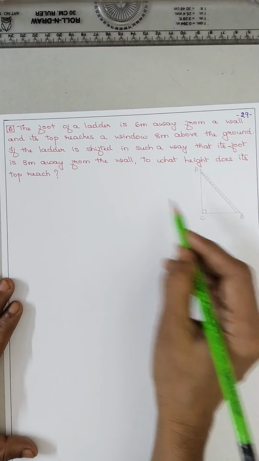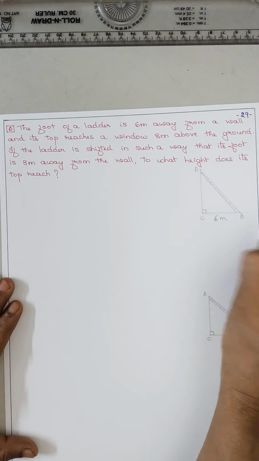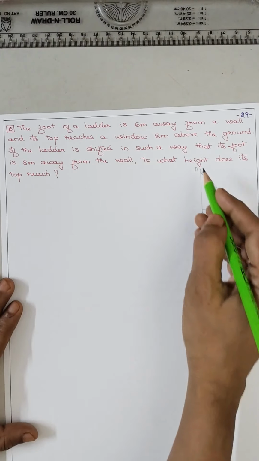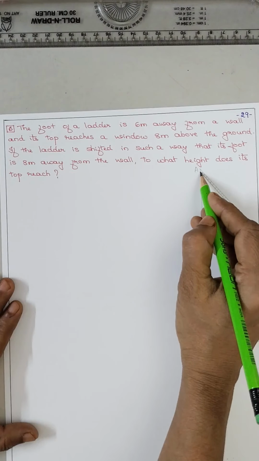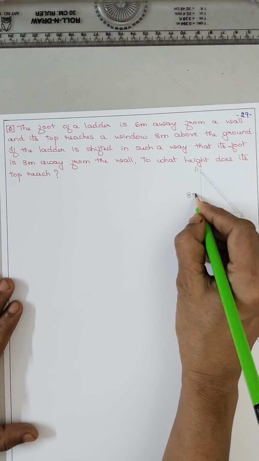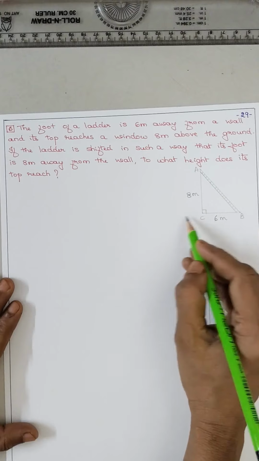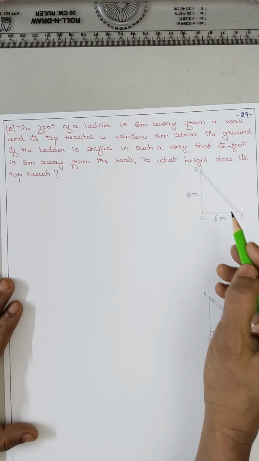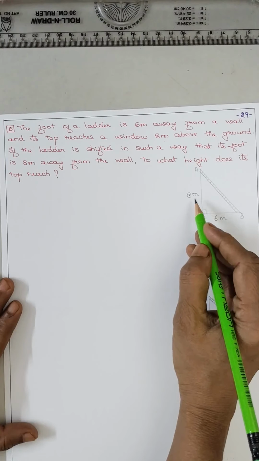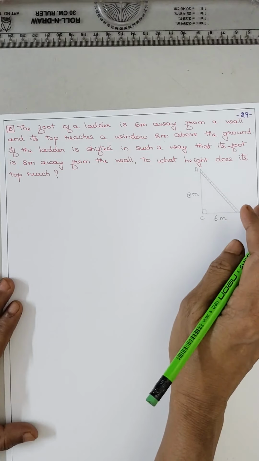AC is the wall, it is 6 meters away. So BC will write 6 meters, and the top, that is A, it reaches a window 8 meters above the ground. So BC is the ground, the window is at a level of 8 meters from the ground, so there the top of the ladder touches.